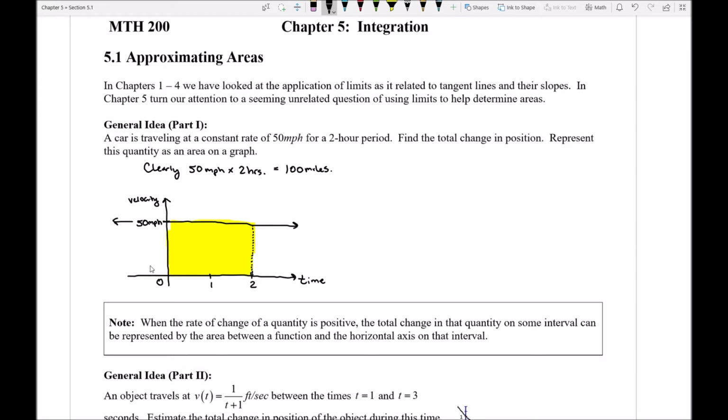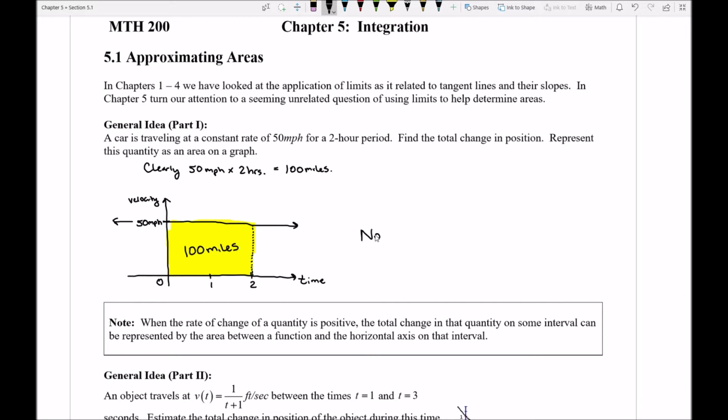I have 50 miles an hour being measured as this vertical distance. I have 2 hours of time being represented as this horizontal distance. And so 50 times 2 makes an area of 100 miles.